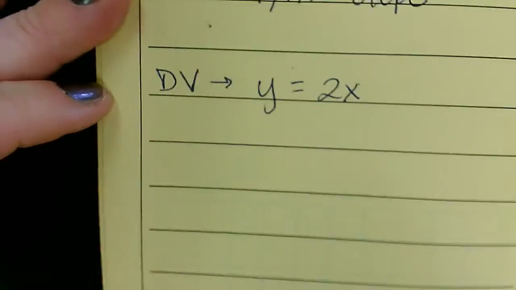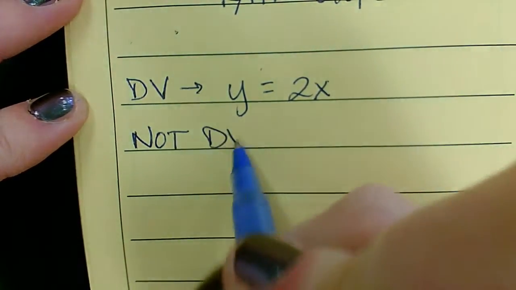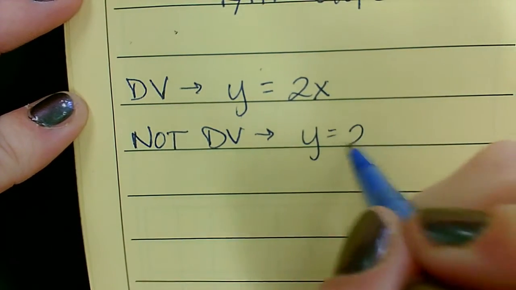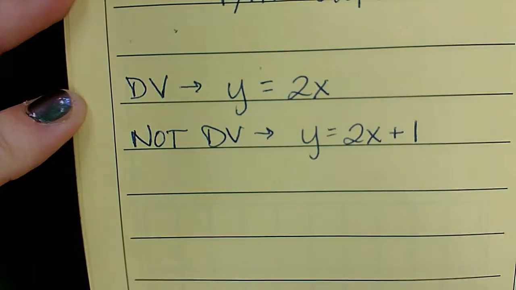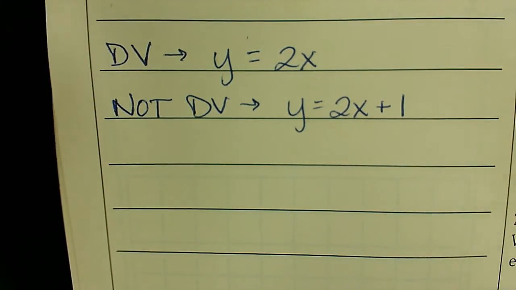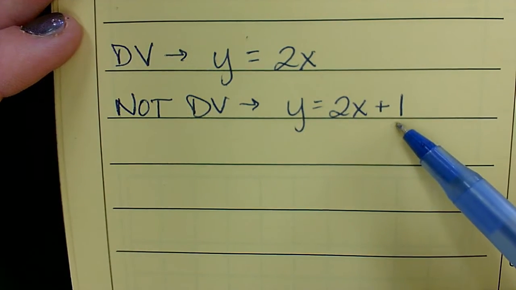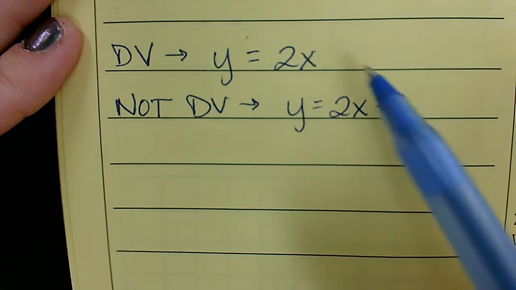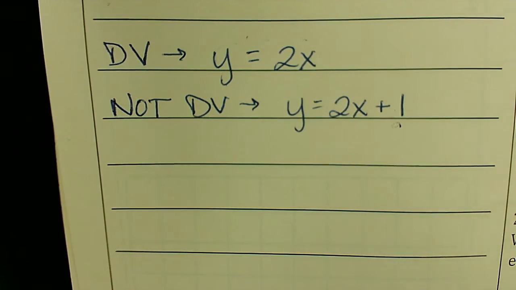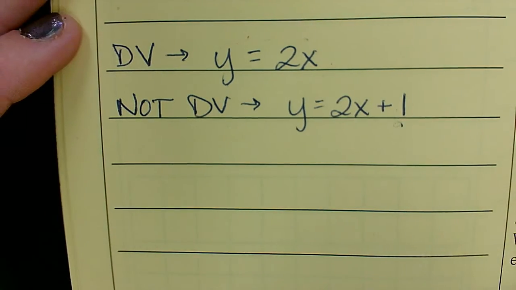Something that would not be a direct variation would be if I saw y equals 2x plus 1, okay? So that's not a direct variation because I have that, for y equals mx plus b, I have that b value right there, okay? For it to be a direct variation, remember I have to have this form, I can't have any plus or minus some number, okay? So direct variation, not a direct variation.